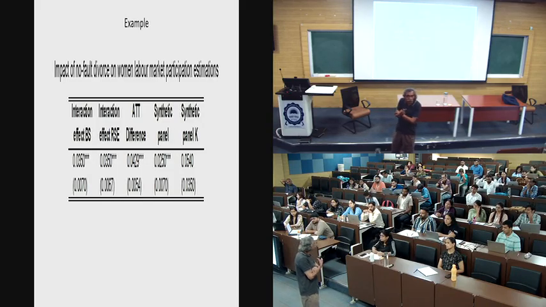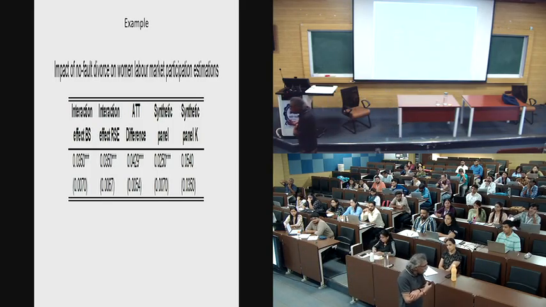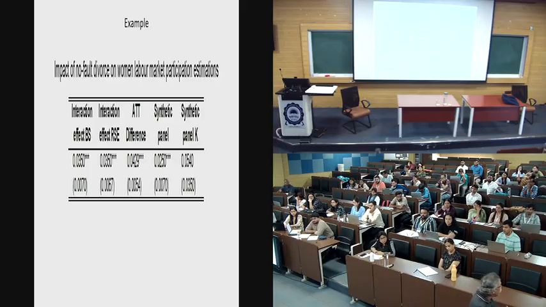Okay? So we look at three different ways of doing it. One, we want to look at what would be the probability that they would participate in the formal labor market. What would be the probability that they would participate in the informal labor market, right?